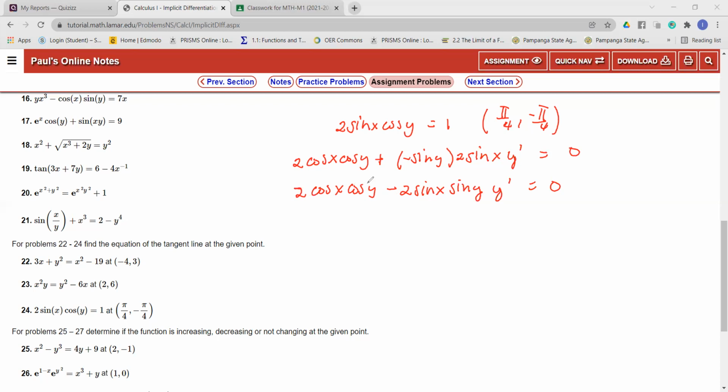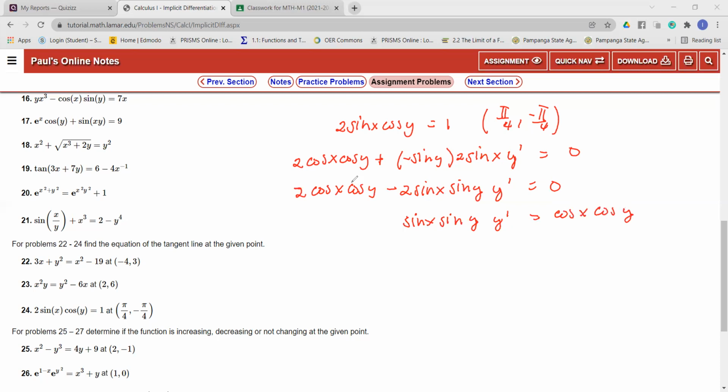Ililipat ko sa kabila, magiging negative 2 cosine x cosine y. So meron silang negative 2 to both sides, so makakancel na yung 2. Kaya, divide ko both sides by negative 2. So ang matitira dito, you can practice, you can try, I will be having sine x sine y prime equals cosine x cosine y na lang.